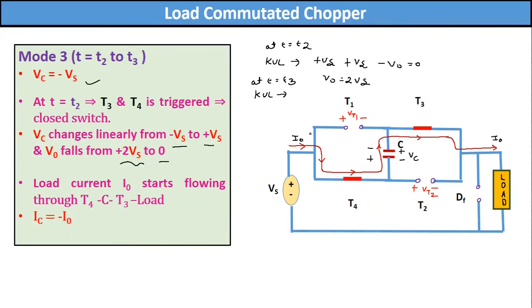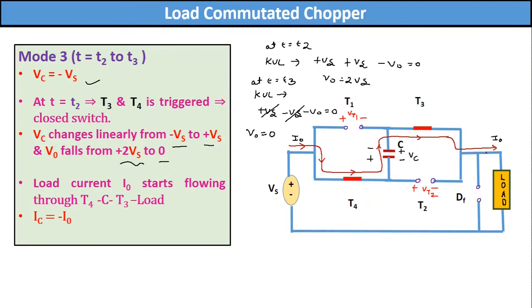So at time t is equal to T3, when we apply KVL in this loop, what we will get? Plus Vs, then minus Vs, minus V naught is equal to 0. This minus Vs and this plus Vs get cancelled out and we will get load voltage equal to 0. Therefore, when the capacitor voltage changes linearly from minus Vs to plus Vs, the voltage across the load falls from plus 2Vs to 0. So in this mode of operation, the load voltage changes from plus 2Vs to 0.